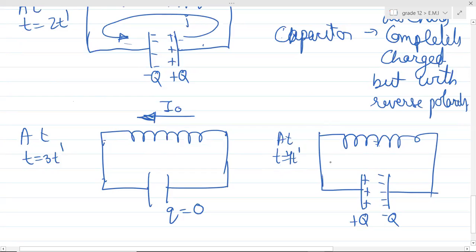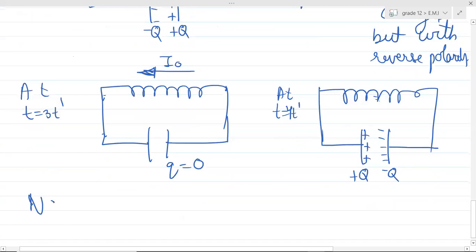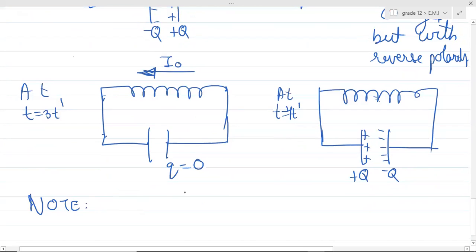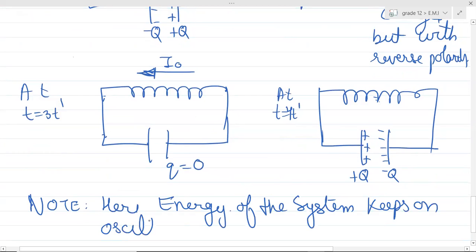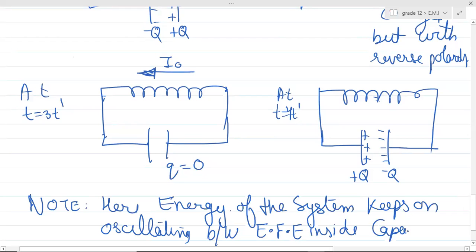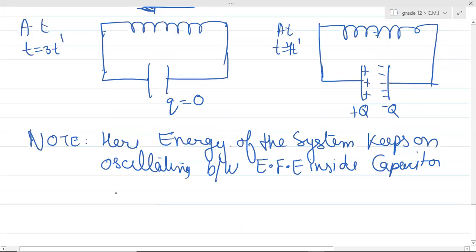So that's why we can say that the energy of the system keeps on oscillating between the electric field energy inside the capacitor and the magnetic field energy inside the inductor.